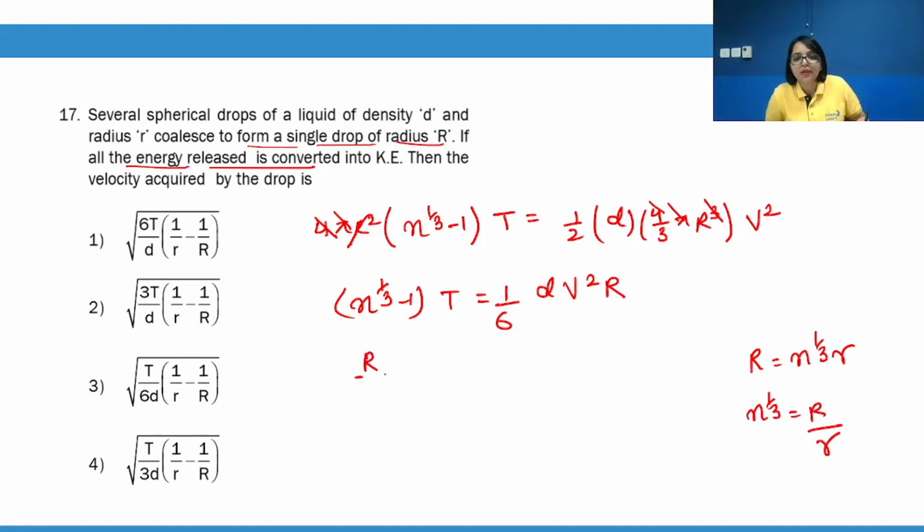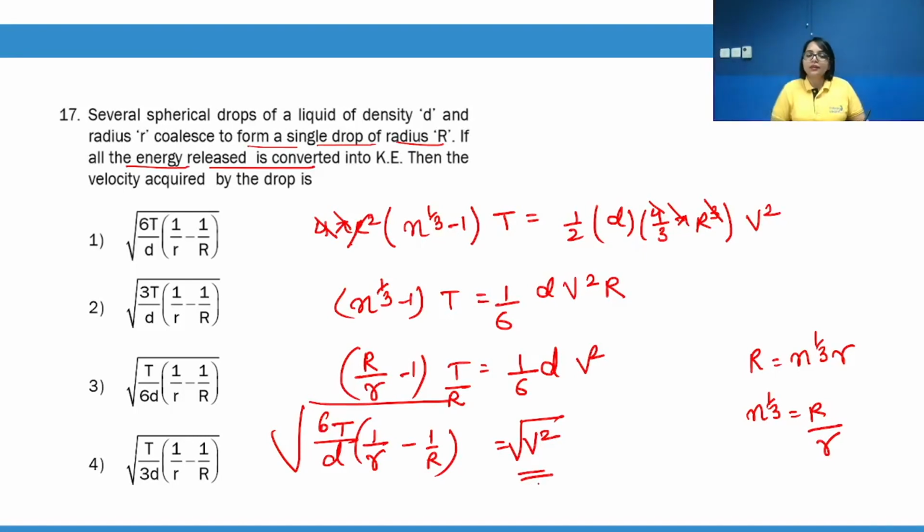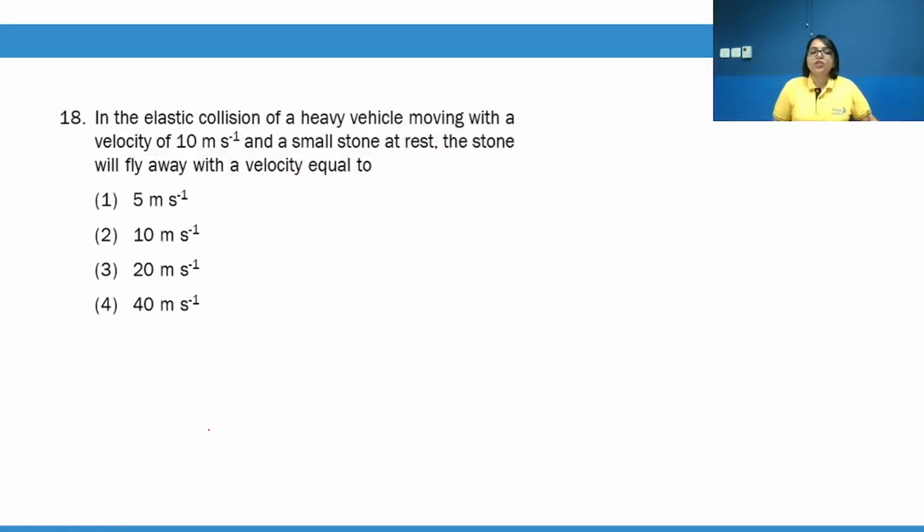So it will be capital R divided by small r minus 1 into tension is equal to 1 by 6 d into v square, and you can divide it by r, right? So it will be 1 upon r minus 1 upon capital R into T, 6 divided by d is equal to v square. So if you take the square root on both the sides, you'll get your value of velocity, that is square root of 6T upon d into 1 upon r minus 1 upon capital R, which is option 1, right? Next is question number 18.